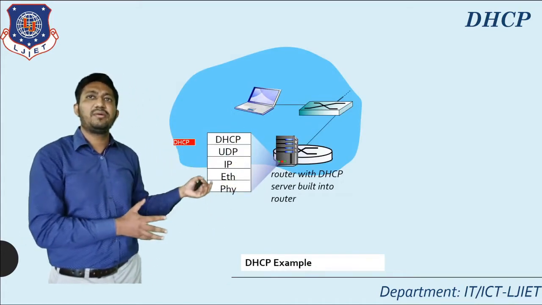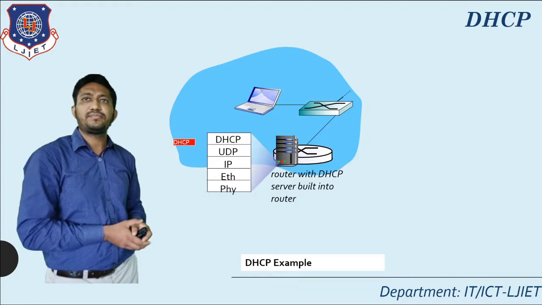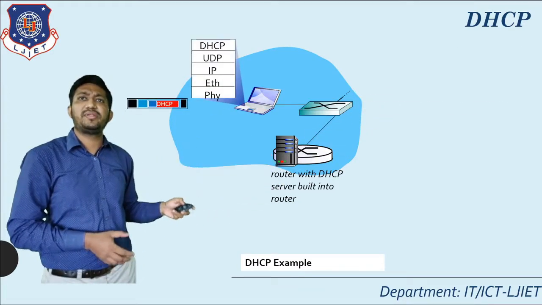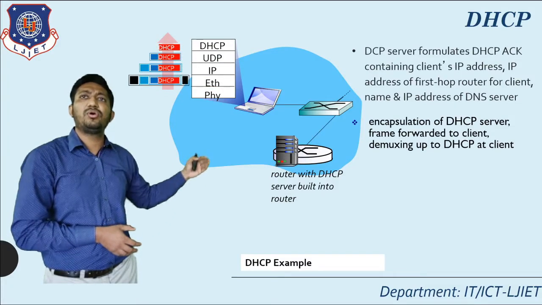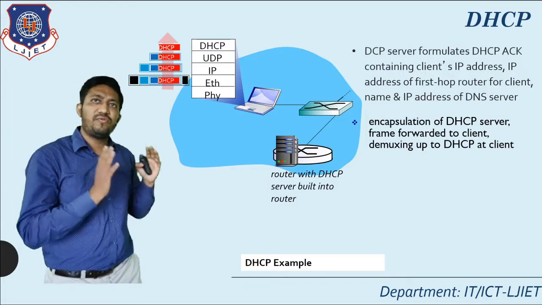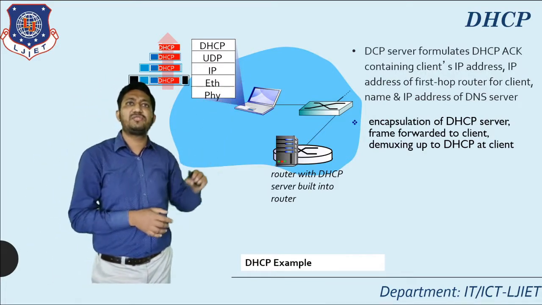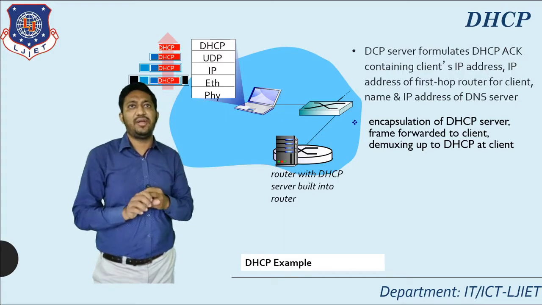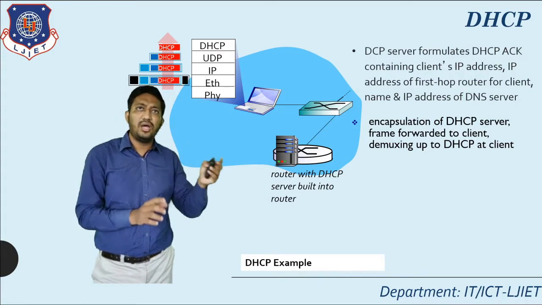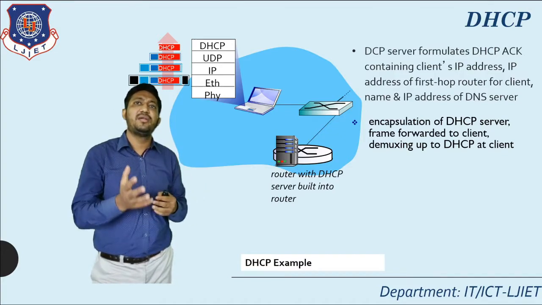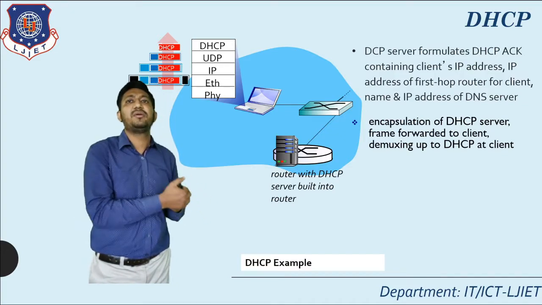So how exactly is the data flowing here? Let's see, first the DHCP server performs this task and it goes to the UDP that is available at the transport layer. The DHCP server formulates the acknowledgement containing the client IP address that has to be assigned, and the IP address of the first hop router from which the request came from the client.